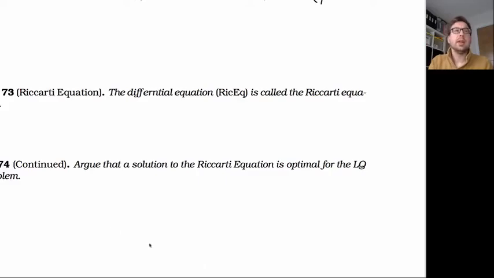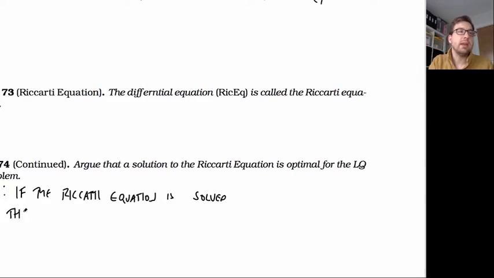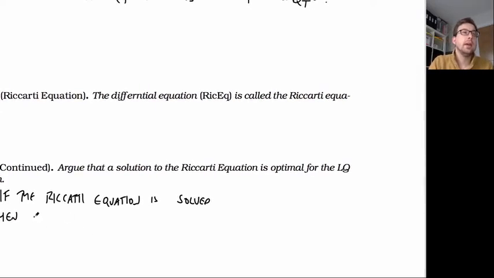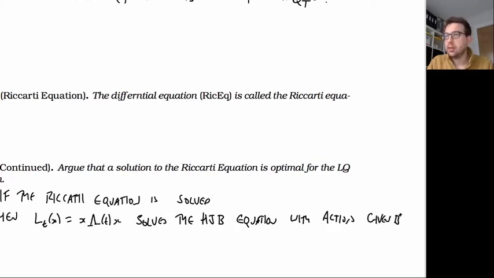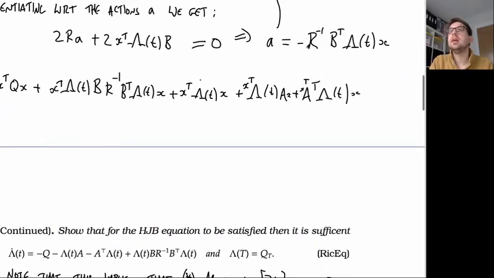So, well, this final step is not too bad, because if the Riccati equation is solved, then L of t of x equals x transpose lambda t x solves the HJB equation with actions given by the above expression here.